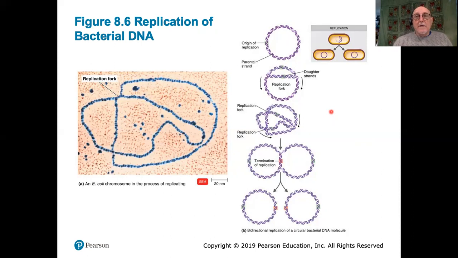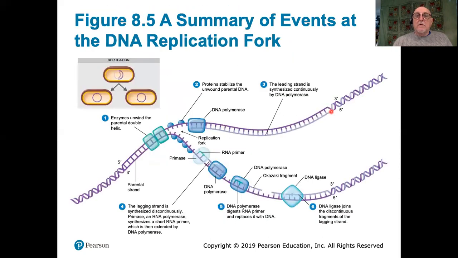The other important thing to realize in this replication scheme is that when we look at our strands, at the final product, each of the strands consists of an old strand there and of a new strand there.